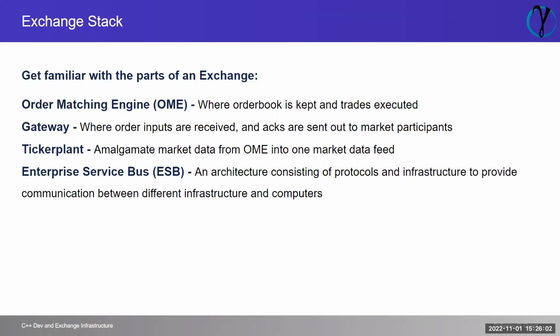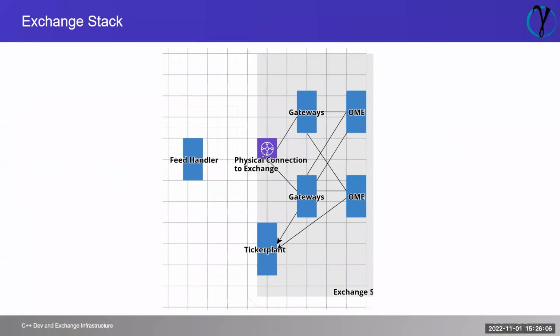Basically it's how do you connect to each other? That's really what it means. So this is a very good example of an exchange. That gateway could or could not go to that ticker plant, depending on how it's done. Okay, just so you know. Other than that, this is pretty good.